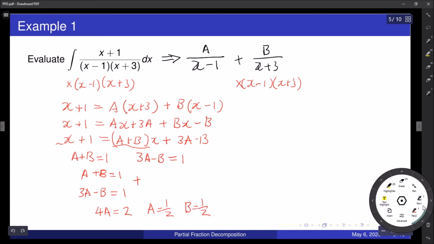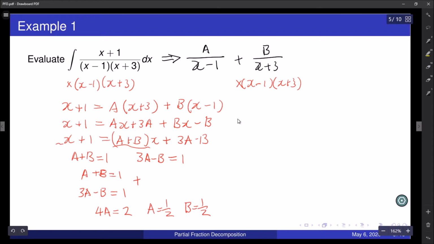And then substitute everything back into the original expression, and we end up with the integral of half over x minus 1 plus half over x plus 3, dx.